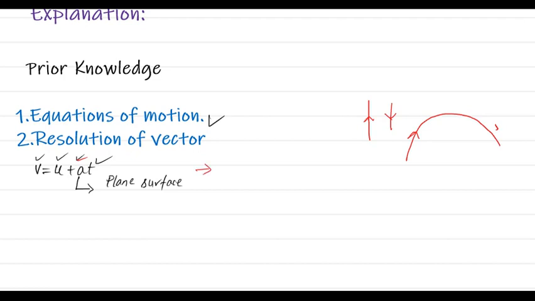Therefore, this equation becomes v = u + gt.